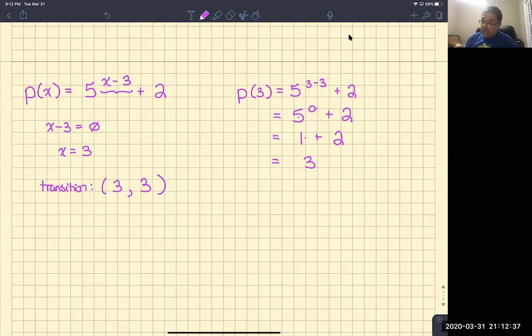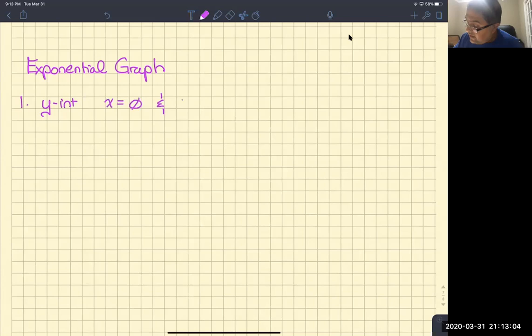Okay. So some key things to know. For an exponential graph, to find the y-intercept, set x equal to 0 and solve.